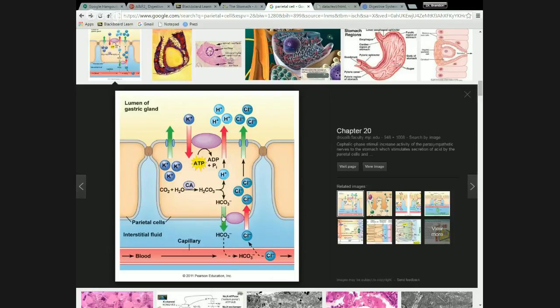The bicarbonate moves out of the cell and into the blood, where it will act as a buffer for the blood to keep blood pH from getting out of control. And that's what it does when it's made by the red blood cell too. But here we see it coming from a different system.